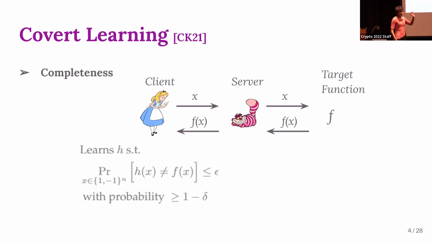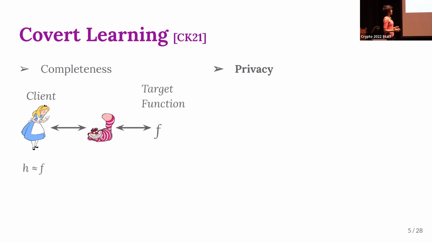But now that we have this intermediary server, we can think about privacy in this setting. Specifically, we're thinking of a semi-honest server that observes these queries and attempts to learn more information, such as information the client might have about the target function.